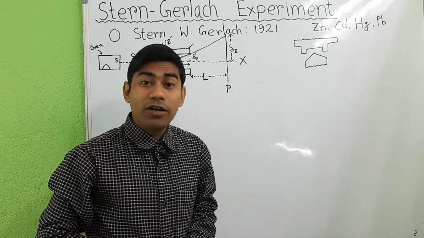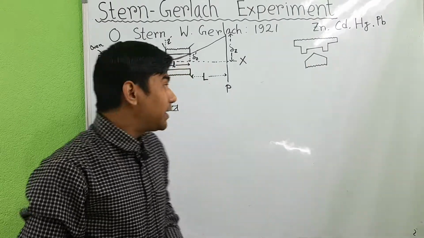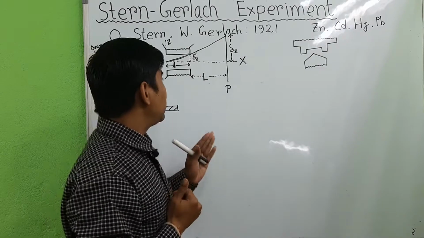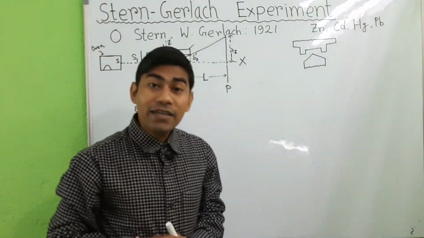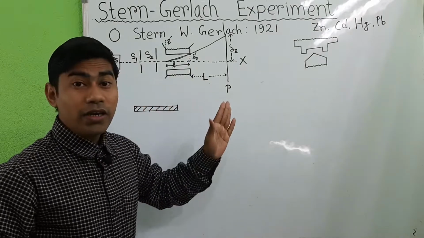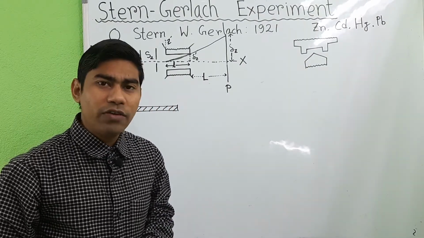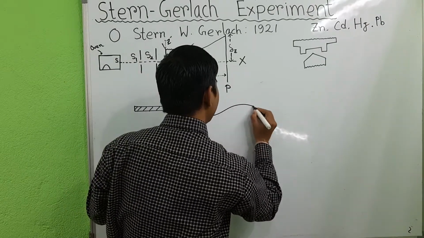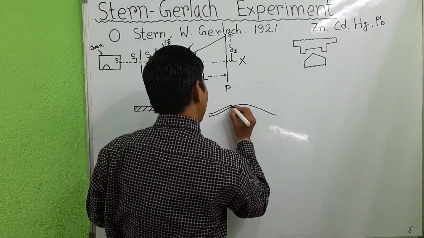After the application of the magnetic field, each silver atom is acted upon by a translational force, and so they produce a double trace on the photographic plate. If we draw this, we get this type of pattern.